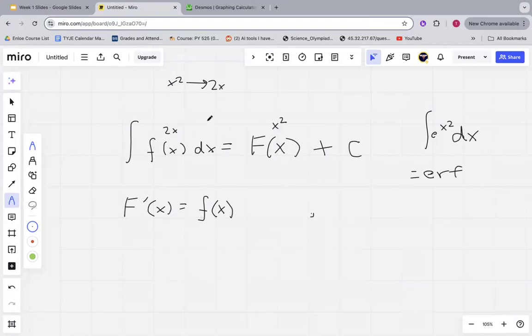And so the common integral you will see is of x to the n, power n, and that goes to x to the n plus 1 over n plus 1.